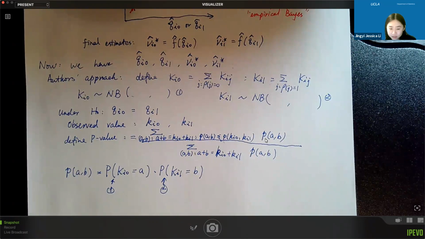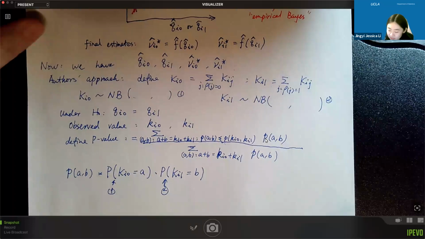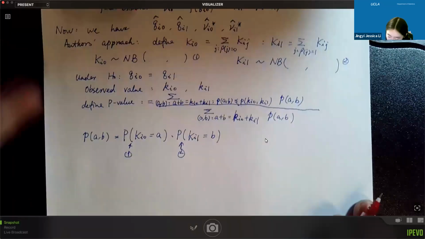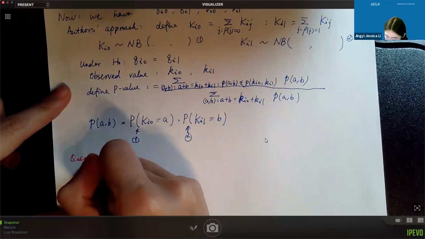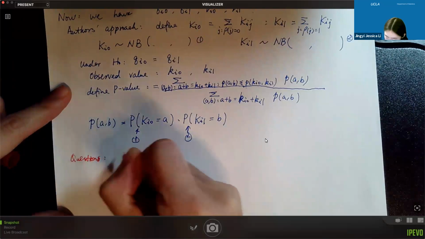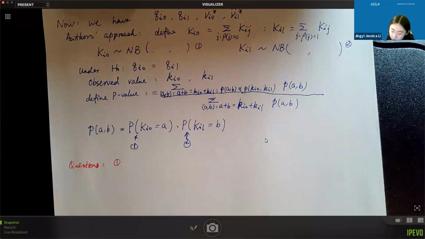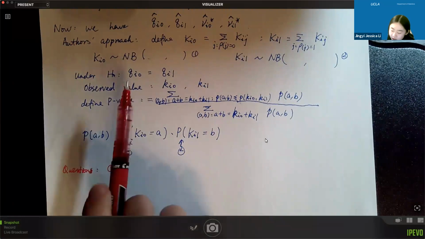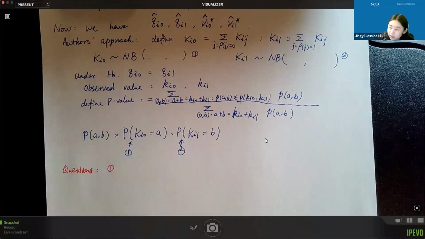So I can see there are several questions I have about this, and you can add your points later. So the first question I have is, where did the null hypothesis get into play in this calculation? Where did we use this null hypothesis?